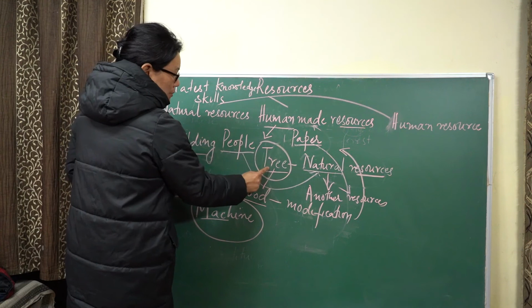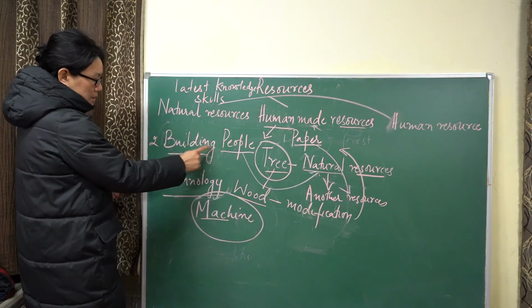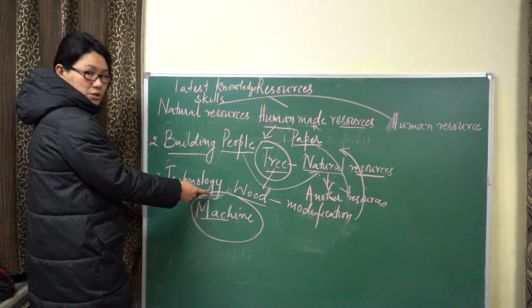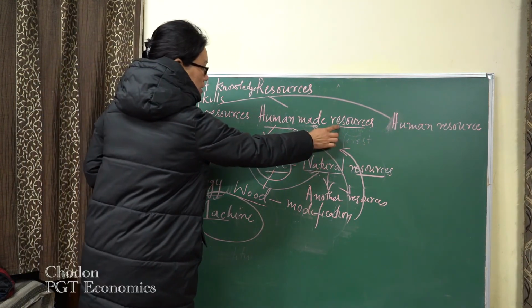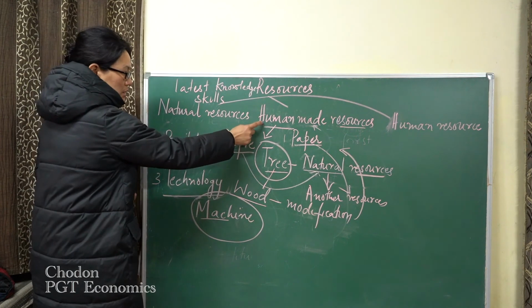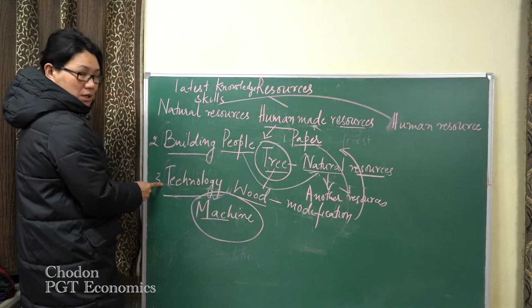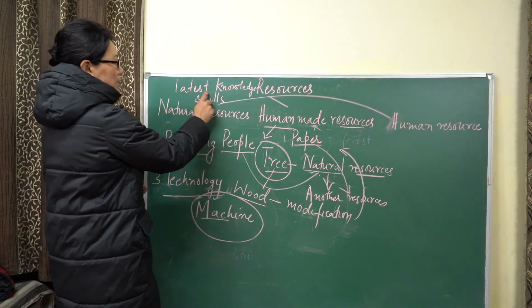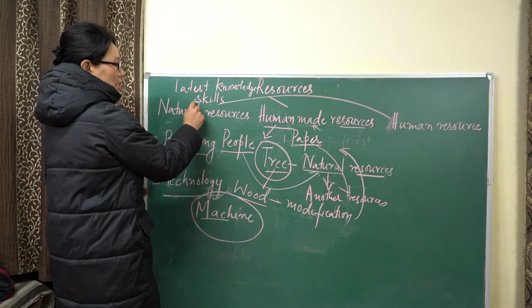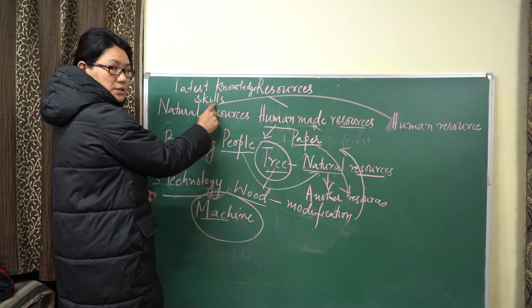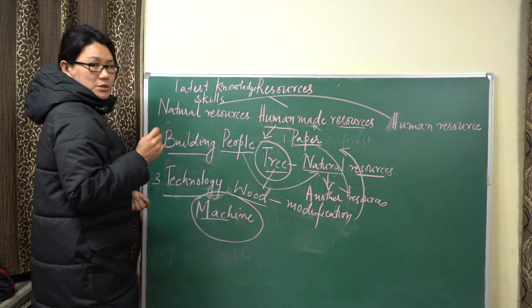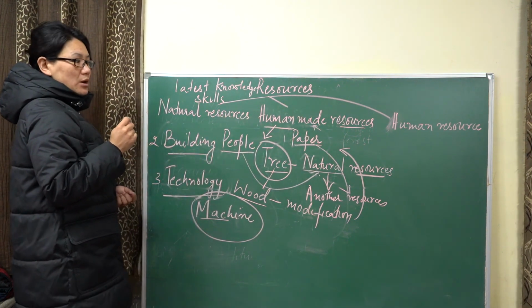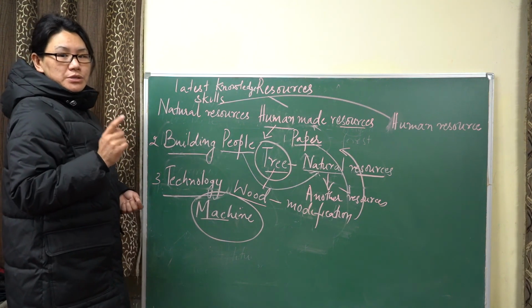I have taken here example of tree, then building, then technology. Okay, so in the creation of resources, human is using technology here. So technology is latest knowledge, using their skills, alright, for production of resources. So this is all about human-made resources here.